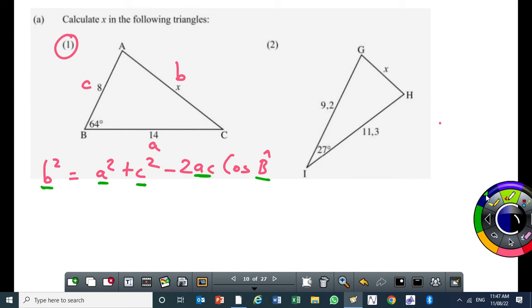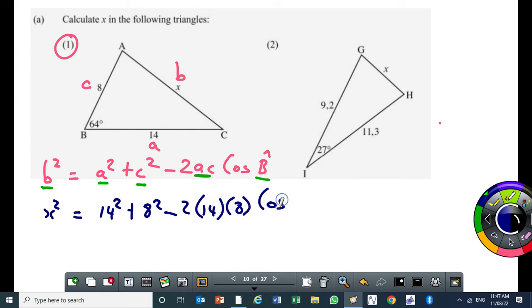So remember, our x is equal to b, so I can put here x squared. Our a is 14, c is 8, minus 2 times 14 times 8 times cos of 64.